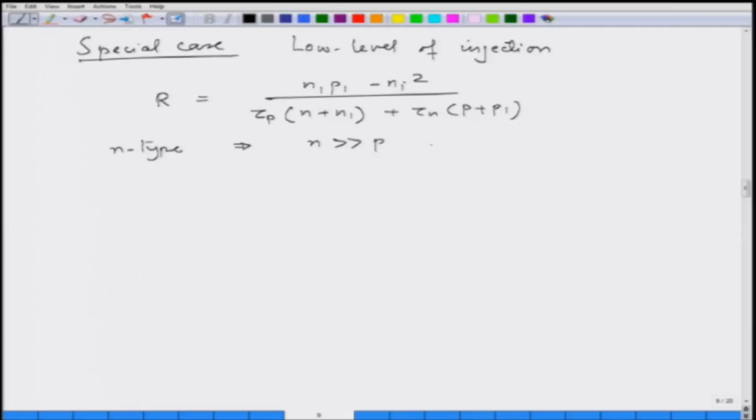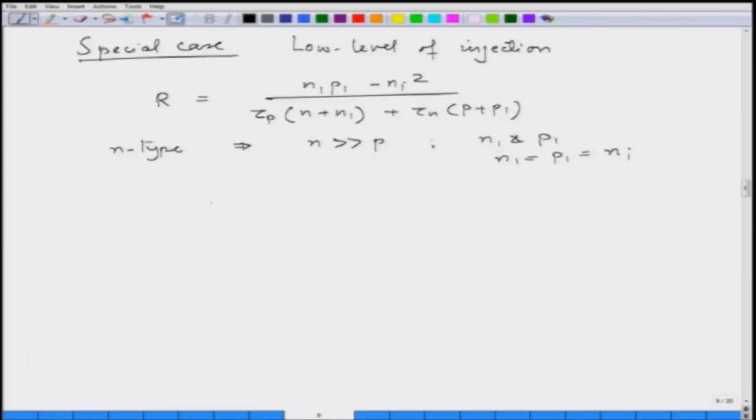With this condition, I also see that n 1 and p 1, for which we know the expressions, are roughly close to n i. Then I can expand this for an n type semiconductor.